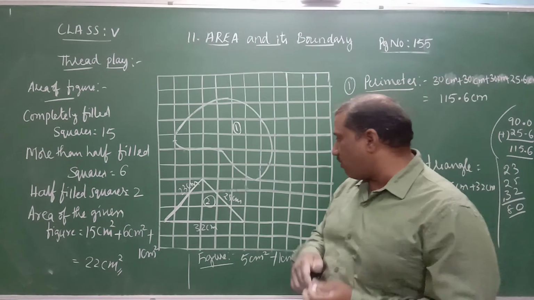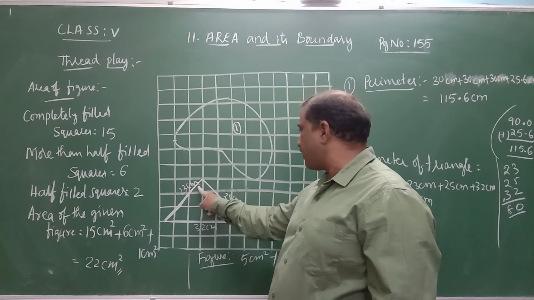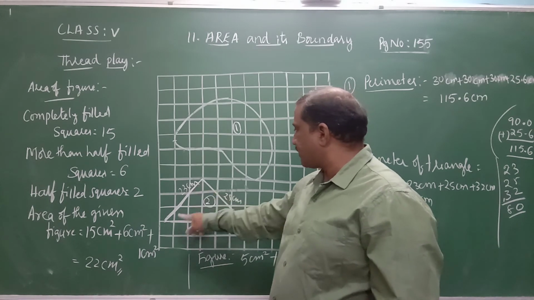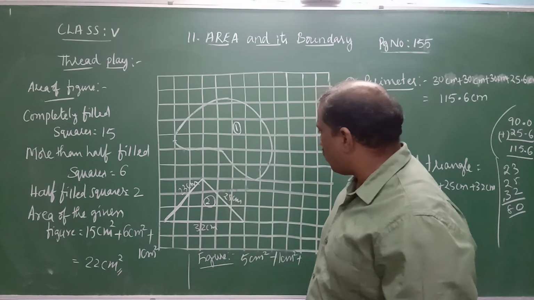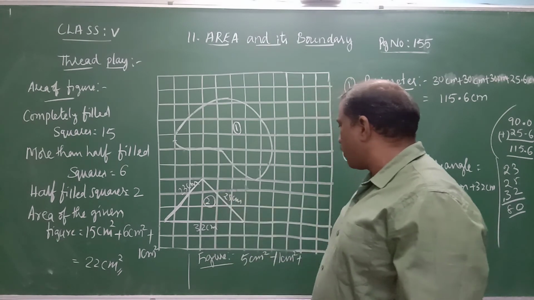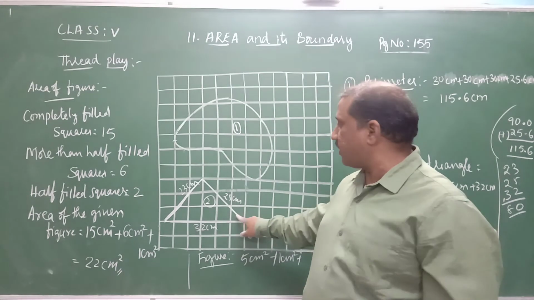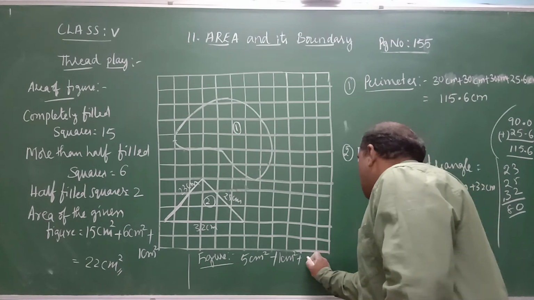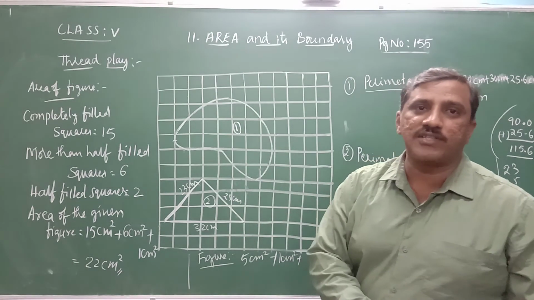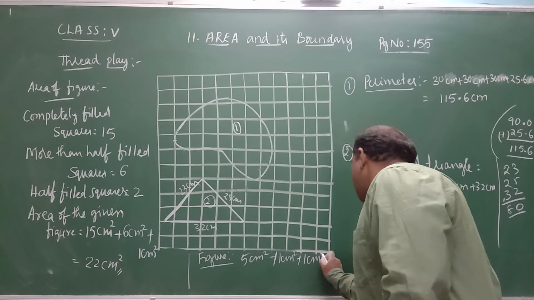Next, exactly half filled squares we will see. Here we have one half filled square, and this is less than half, ignore, less than half, ignore. This is also less than half, ignore. So this we will treat as half filled square. Therefore here one and here one, it is two half squares. One half square is equal to half centimeter square. Two half squares means it is 1 centimeter square.